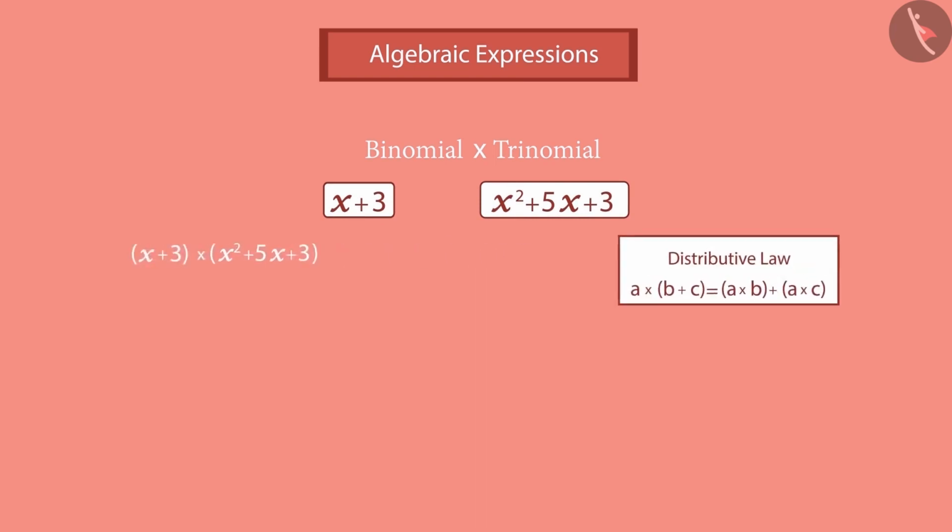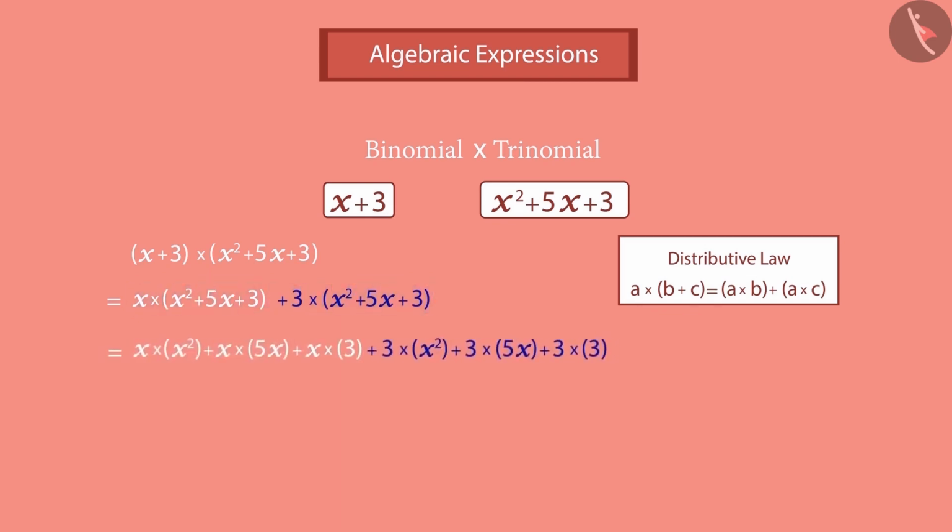Now, using the distributive property, we will get. Now, this is a situation of multiplying monomials and polynomials that we just saw. Using the distributive property here and here, we will get. After simplifying in this way, we will get this result.